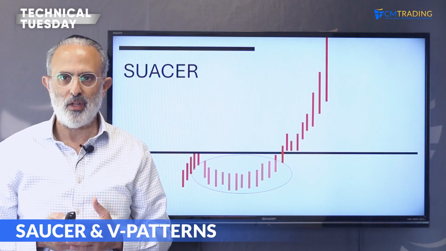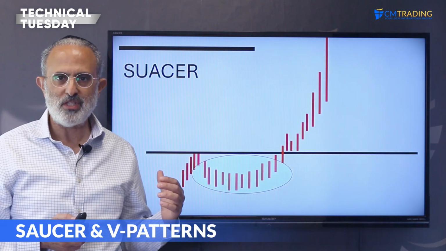A V pattern happens very quickly. It's very aggressive, and also very hard to predict as it's happening. But there's always that element where you're seeing it happen and almost anticipating the reversal pattern.